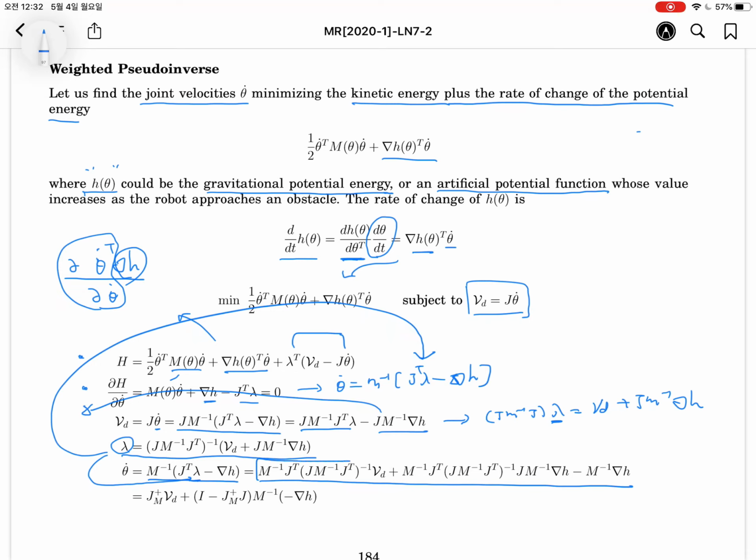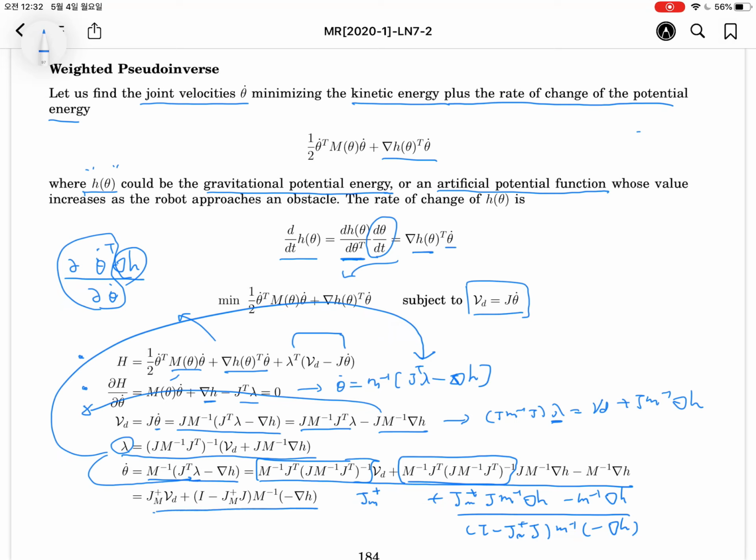So let's introduce the inertial-weighted inverse. Let's denote this term as the inertial-weighted inverse, and J M inverse gradient H as M inverse gradient H. By adding these terms, we have I minus J inertial-weighted inverse J, M inverse, minus gradient H. So we have this equation.